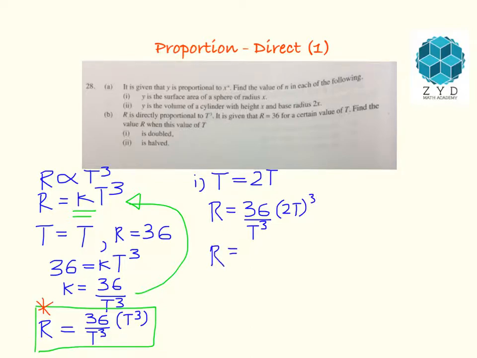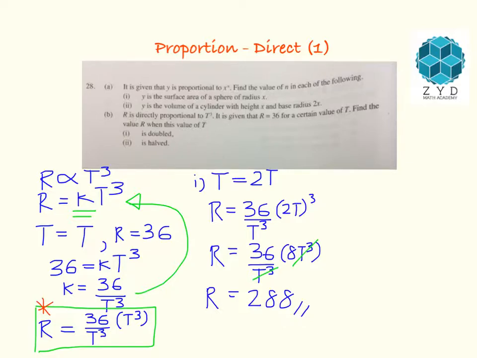So we will get r equals 36 over 8t cube, and we can now cancel the t cube and this t cube, so our value of r is 288. Okay, so that's how we do part 1.